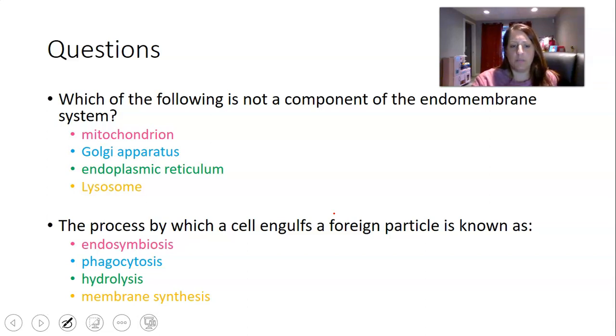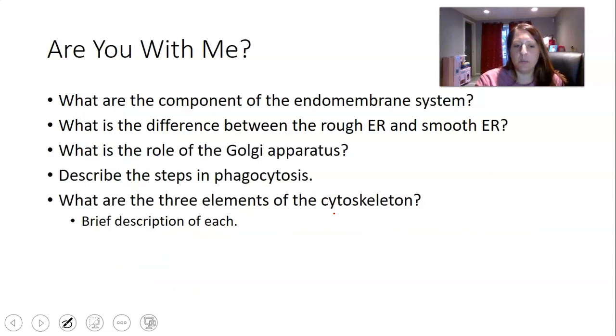Next question. The process by which a cell engulfs a foreign particle is known as, you had to pay attention on this slide, endosymbiosis, phagocytosis, hydrolysis, or membrane synthesis? Let me take you back to that slide.